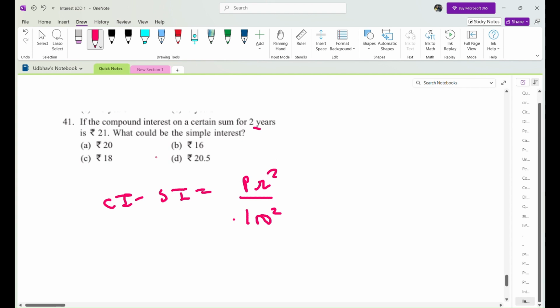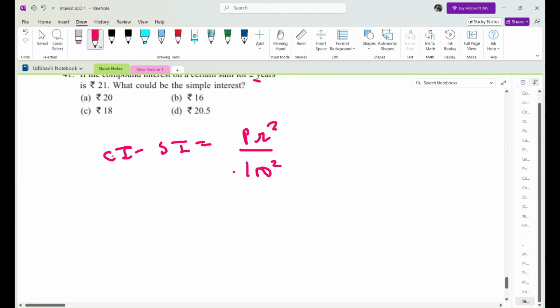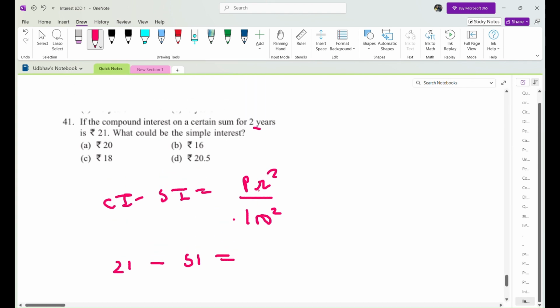So we are given the compound interest is 21 minus simple interest for 2 years.